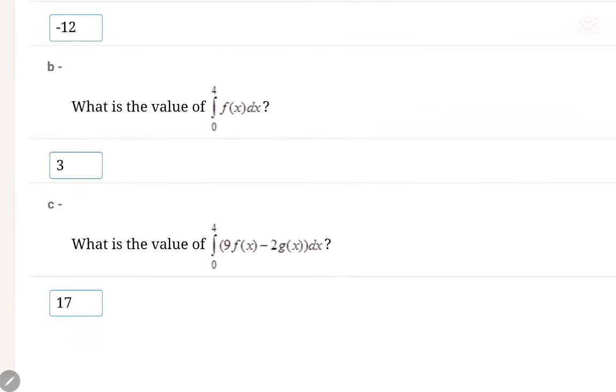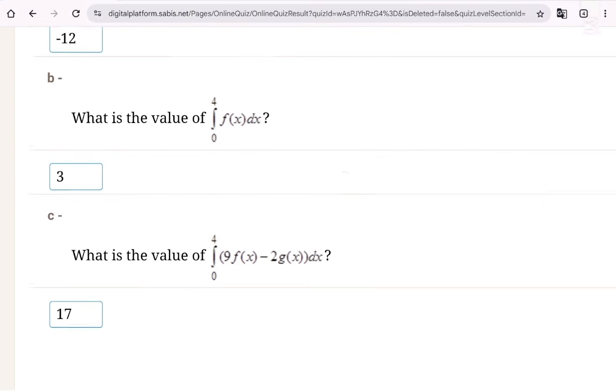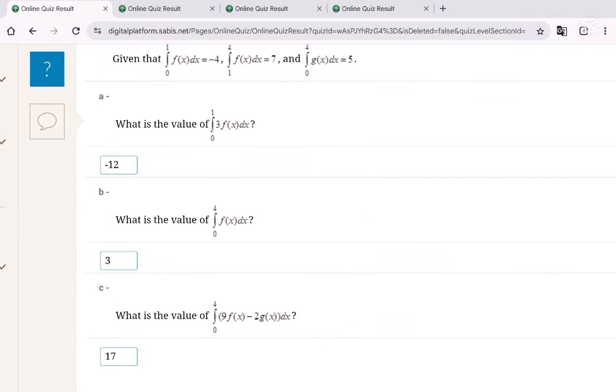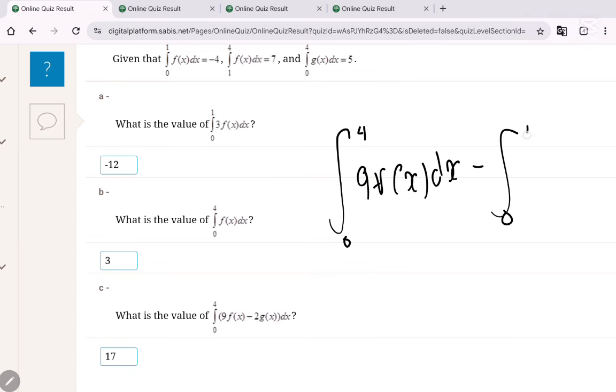Now part C, last but not least, what's the value of integration from 4 to 0, 9 times fx minus 2 times g? Okay, I need to zoom out a bit to get the equation. All I need to do is integration 0, 4, okay? Before I do anything, let me separate them. 9 fx dx minus integration 0, 4 of 2 gx dx, right?